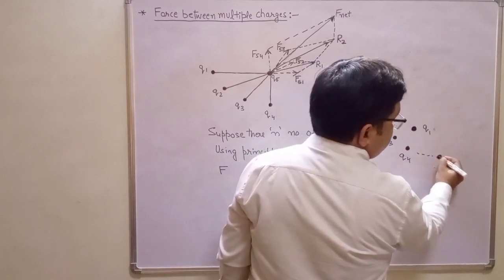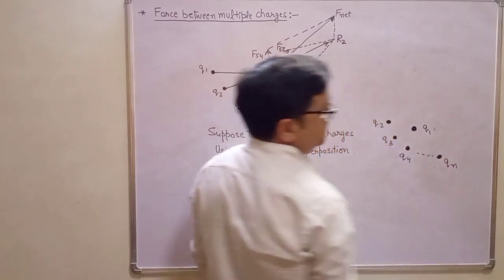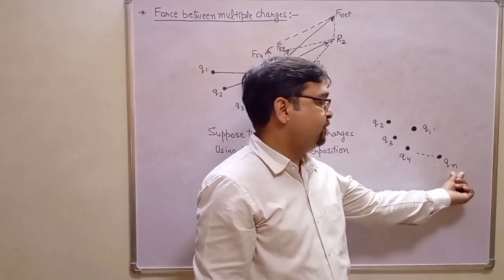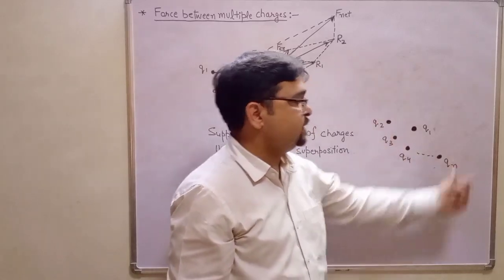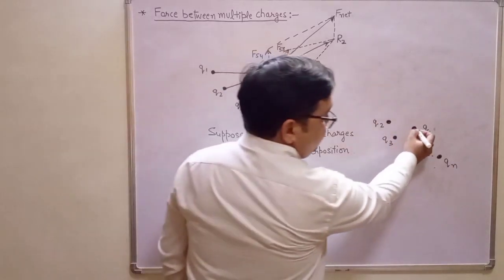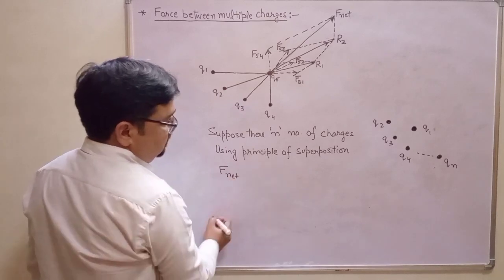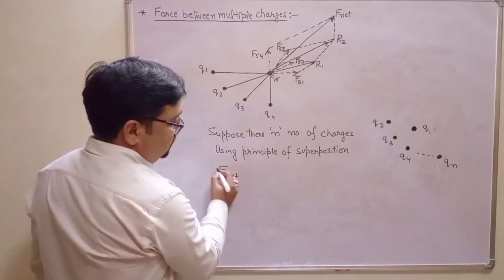There are multiple charges. The last one is Qn. So this n can be anything. It can be 50, it can be 100. There are multiple charges. So what will be the net force on Q1? You can write here: net force on Q1.